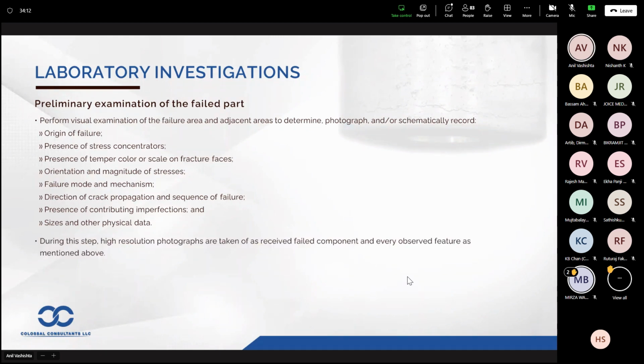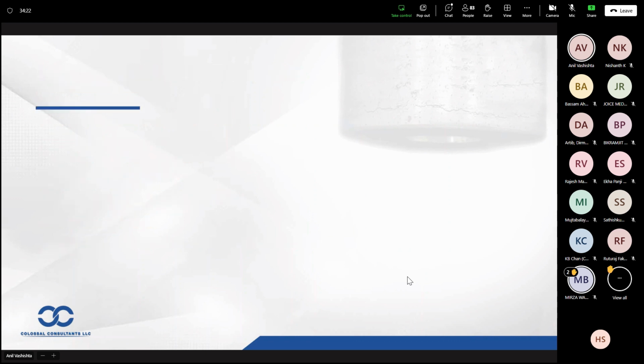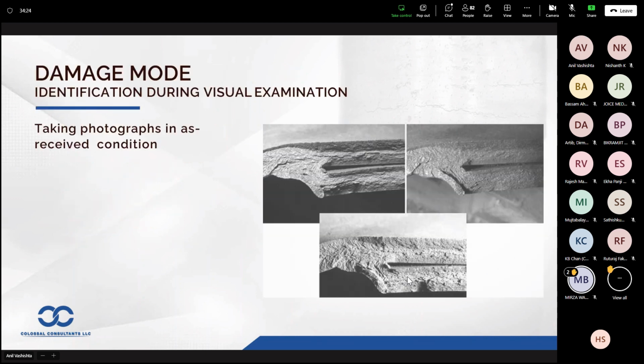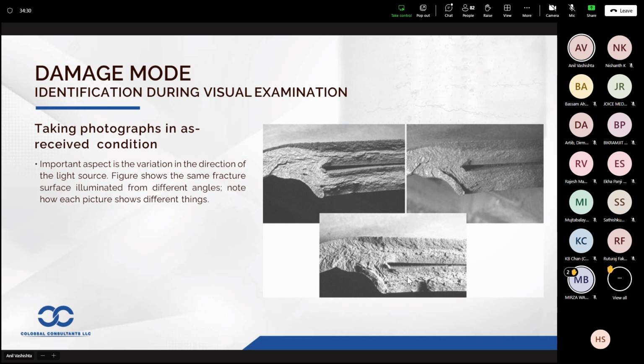During this step, high-resolution photographs are taken of the failed component, and every observed feature is noted down as mentioned above. Take photographs in as-received condition. You can see these three photographs. It is important that variation in the direction of the light source is captured.